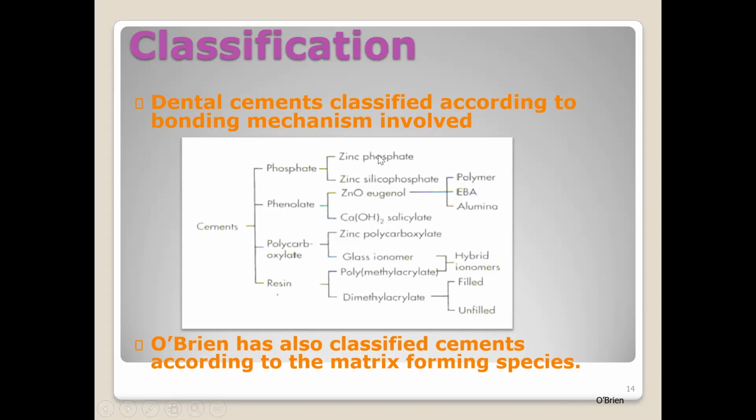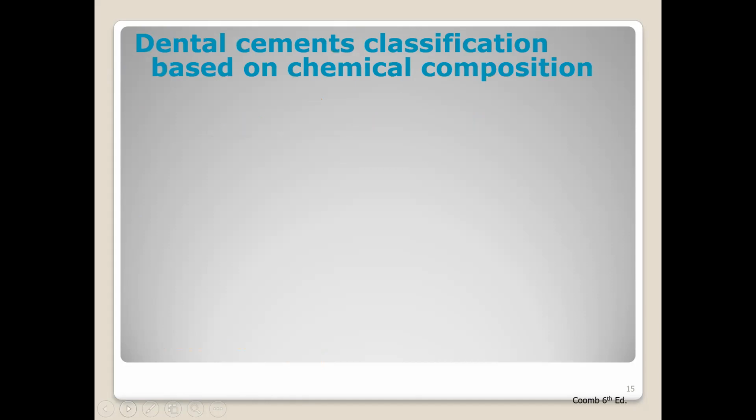Phosphate-based cements are zinc phosphate and silicophosphate. Eugenolate or phenolate-based cements are zinc oxide eugenol and calcium hydroxysalicylate. That means they are going to set by chelation reaction. Then you have polycarboxylate-based cements, zinc polycarboxylate and glass ionomer. And finally, resin-based polymethyl methacrylate and dimethacrylate cements. So this is based on the matrix forming species.